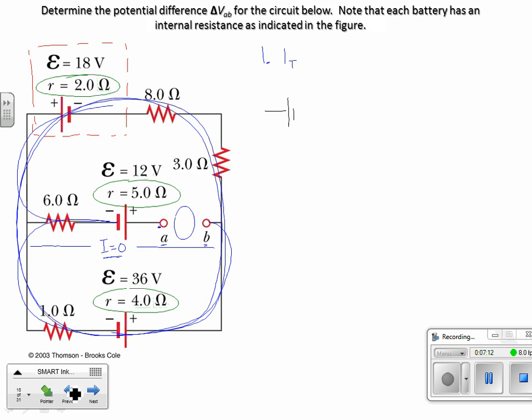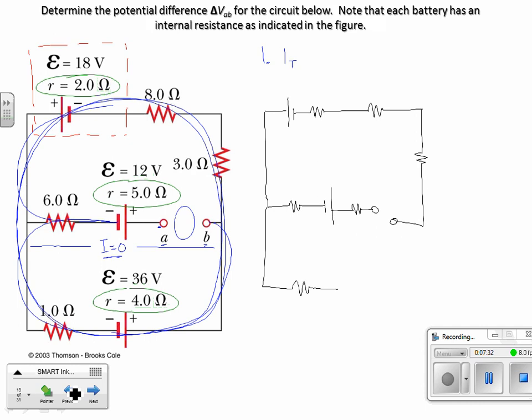There's an 18-volt battery and a little 2-ohm resistor and a little 8-ohm resistor and a 3-ohm resistor, and here's B, and here's the 6-ohm and the 12-volt and the 5-ohm. So you can just draw them right in there, right? It's just like the resistors are actually there. Fair enough? All right.